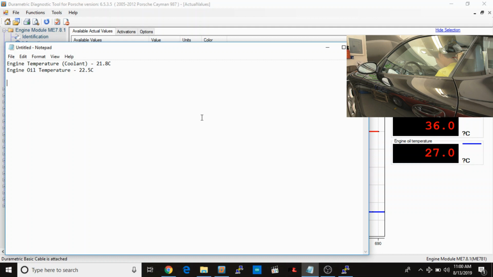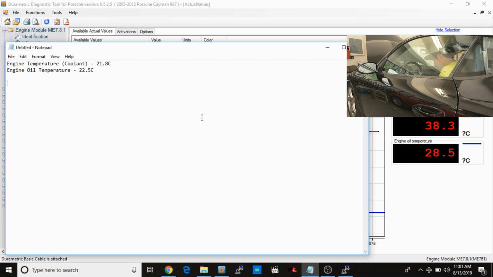Give it a couple revs here. And so we're going to let this go for, I don't know, a few minutes, at least until I get a couple different values for the temperatures. And then what I'm going to do is make a note of it.